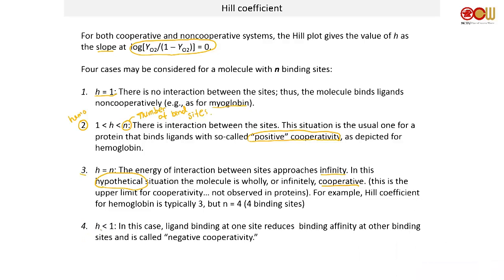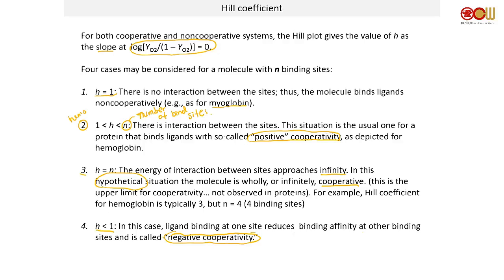Now, H less than 1 happens sometimes. In this case, ligand binding at one site reduces the binding affinity at other binding sites. This is called negative cooperativity. Essentially, after you bind one substrate, the protein's binding affinity decreases.